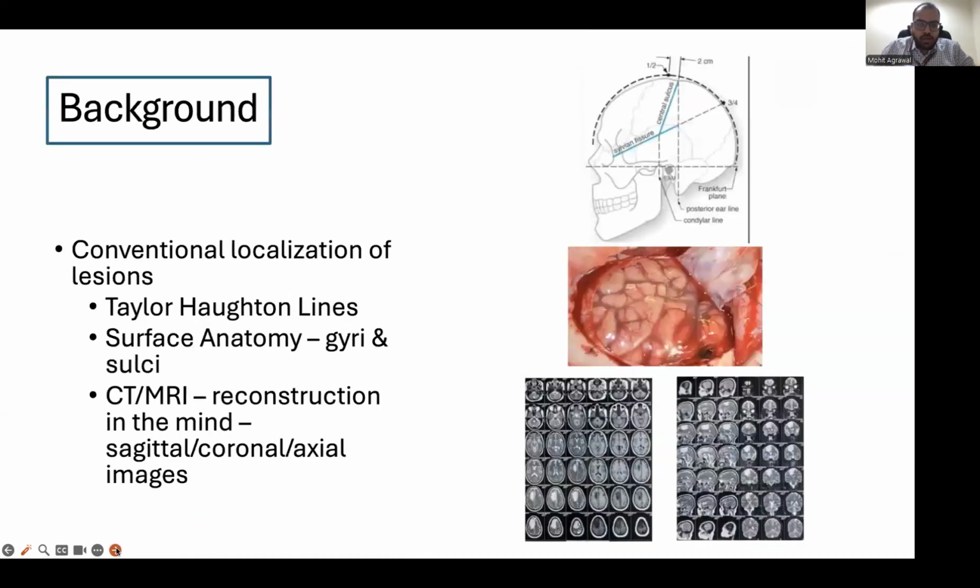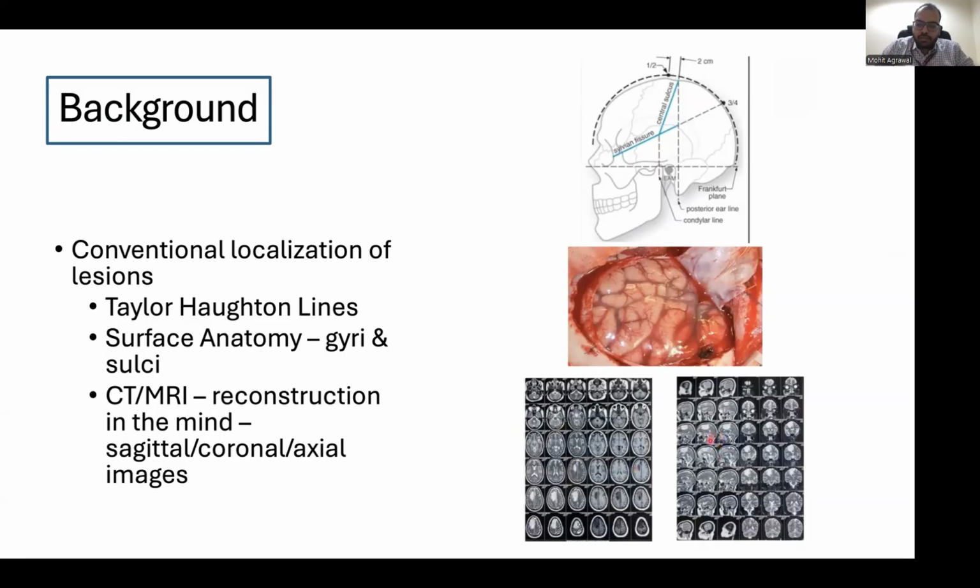With this background, we see that the conventional localization of any brain tumor or any lesion is basically based upon the Taylor-Haughton lines, which have been beautifully given by our previous neurosurgeons, and the surface anatomy, which is by the gyri and the sulci. This is what the patient brings to the OPD, to the clinic, a CT or an MRI, which we then reconstruct in our mind.